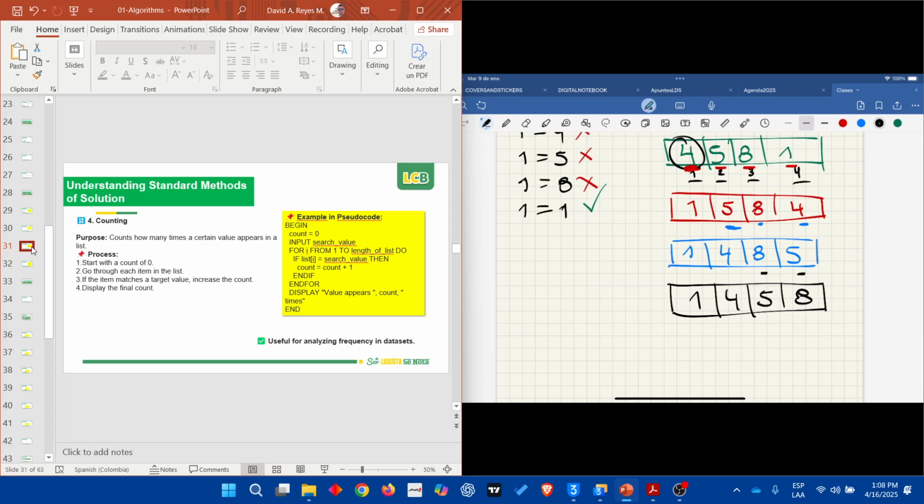Next, counting. You already know what counting is and the uses of counting.